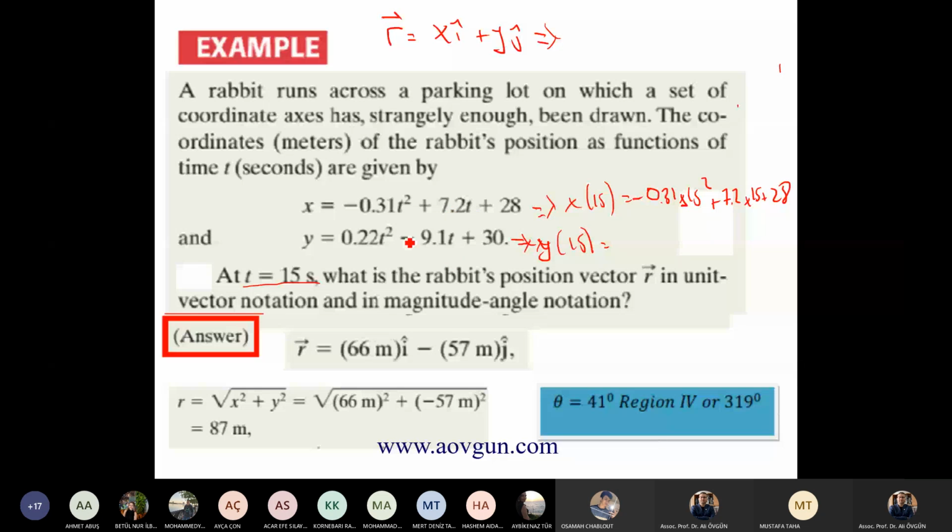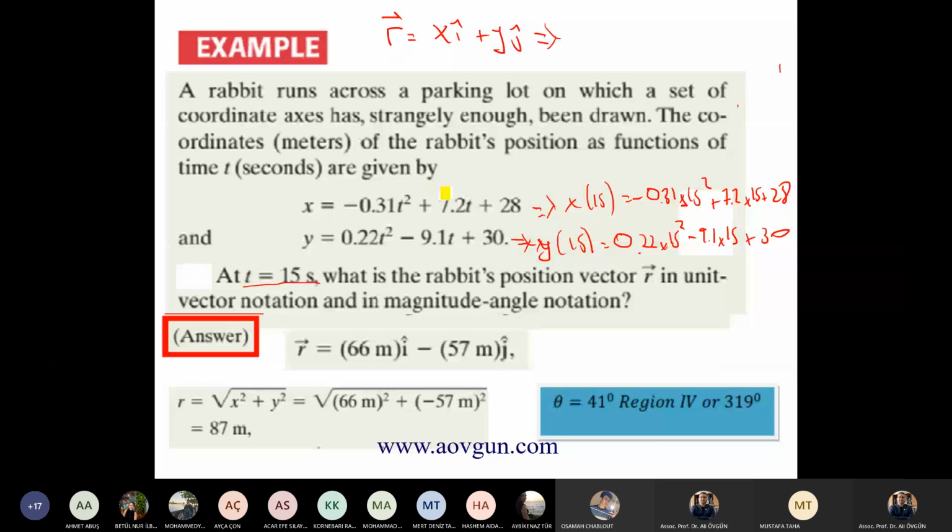This is the x component, and y component at t equal 15 seconds is 0.22 times 15 square minus 9.1 times 15 plus 30. Okay, this is the position on the y-axis at t equal 15 seconds. So when you calculate them, x will be 66 meter I hat, and y you will find minus 57 meter j hat.